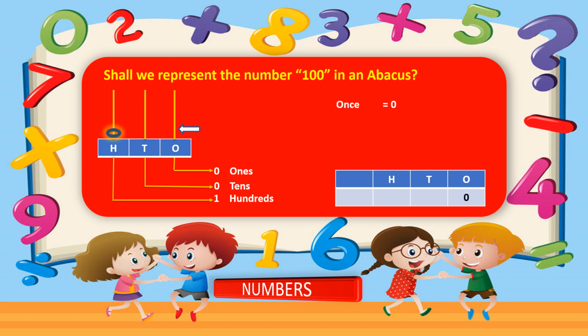So we have to write 0 in the ones place. No beads in the tens place shows 0 tens. So we have to write 0 in the tens place. One bead in the hundreds place shows 1 hundred. So we have to write 1 in the hundreds place.